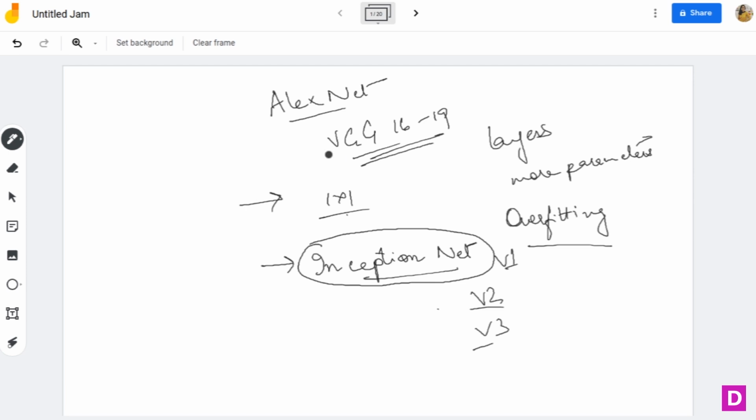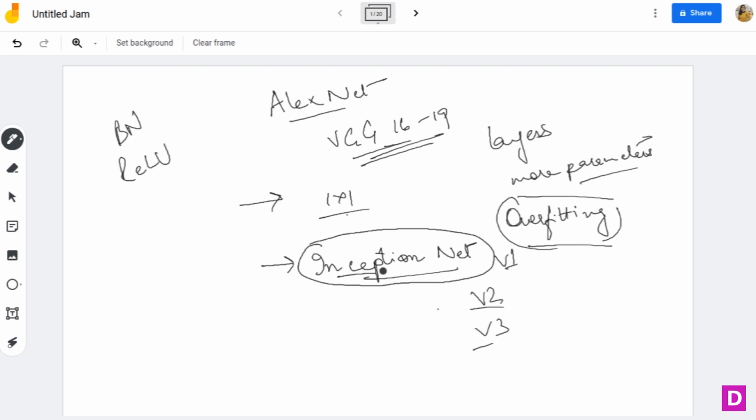The first problem we knew about VGG 16 was that even after batch normalization and ReLU and everything, we still had the problem of overfitting. But if we want deeper models and more accuracy, we need more layers, and hence our parameters keep on increasing.